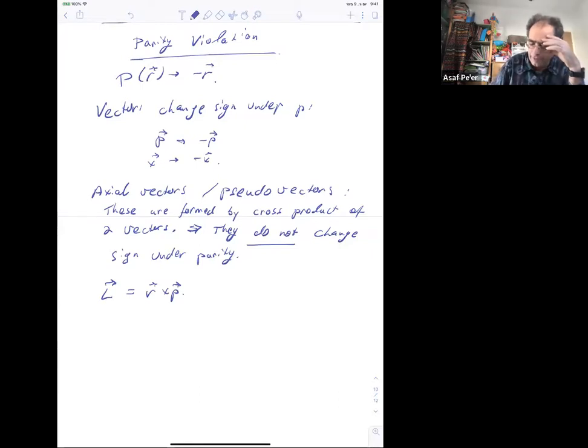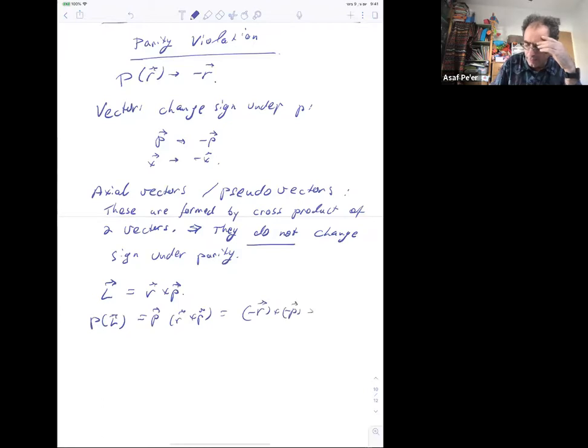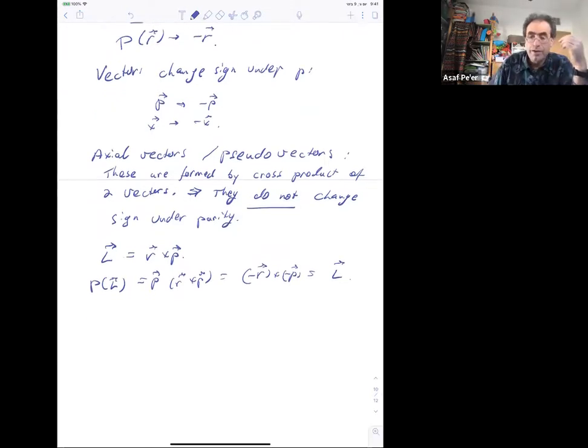So under parity, it's minus r cross minus p, which is just L. So it does not change sign.